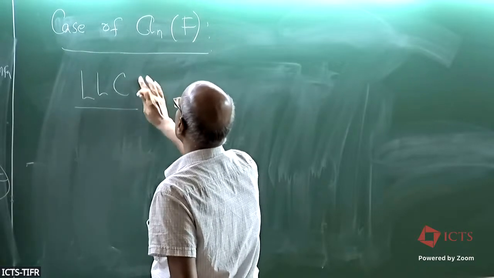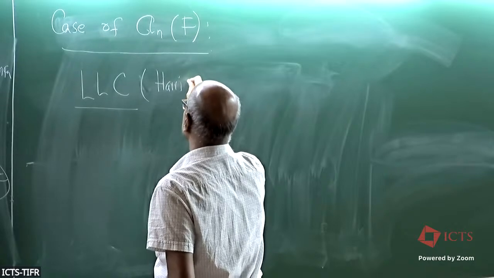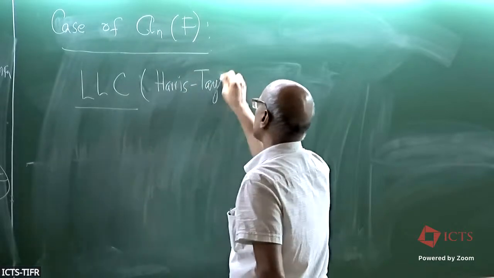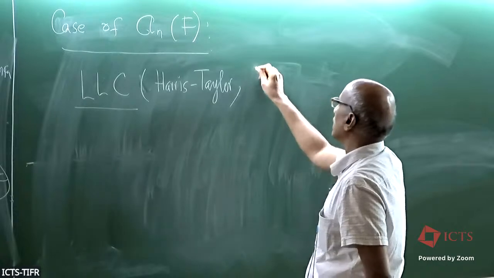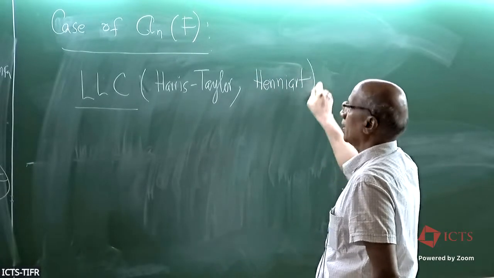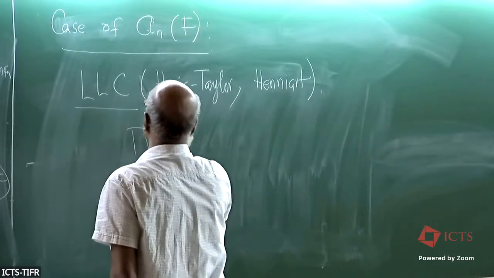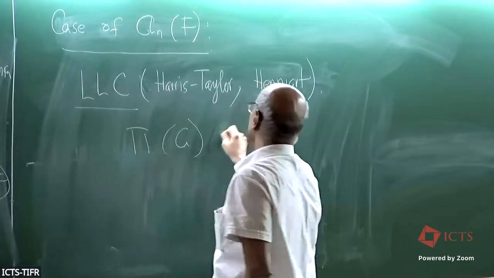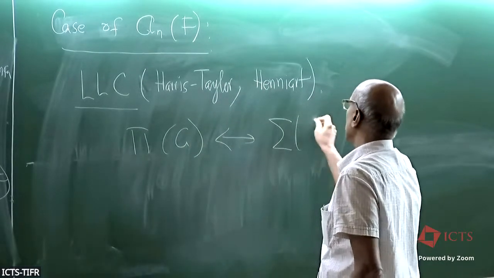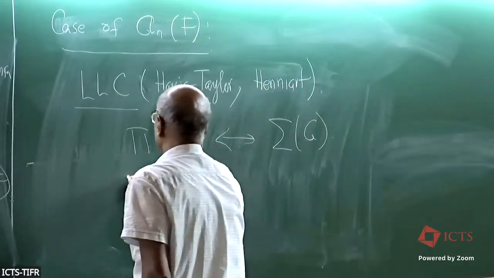This is a theorem due to Harris and Taylor, and also by Henniart. And this one says that this Langlands correspondence that I was talking about is an isomorphism. This is bijective.